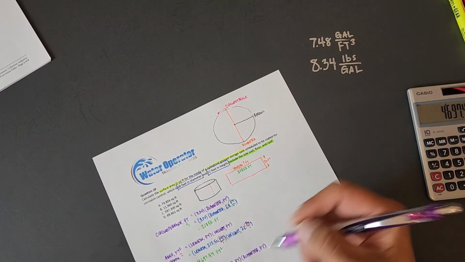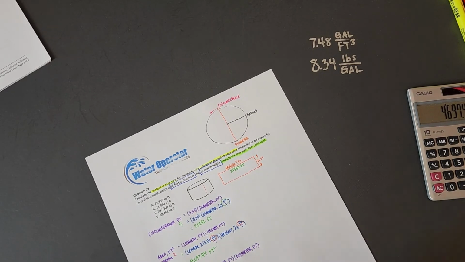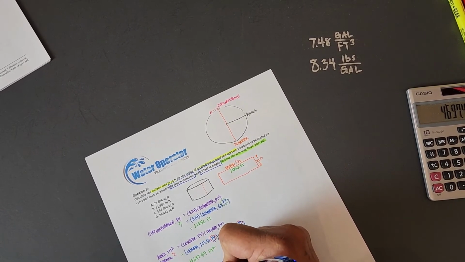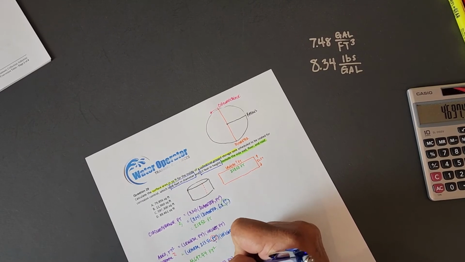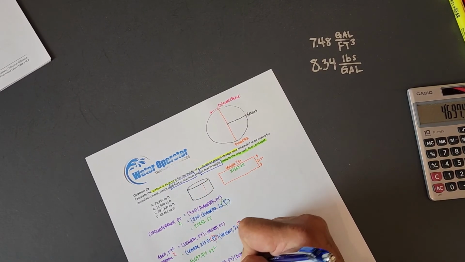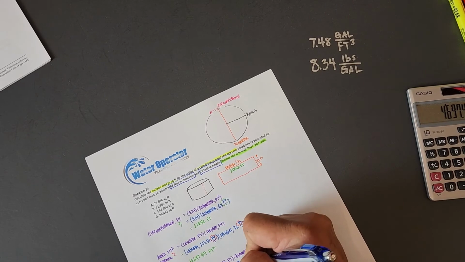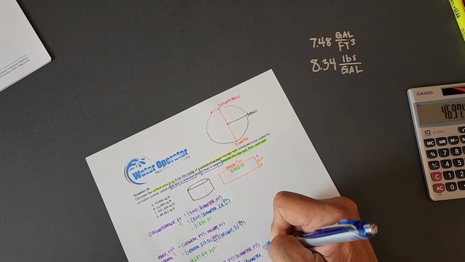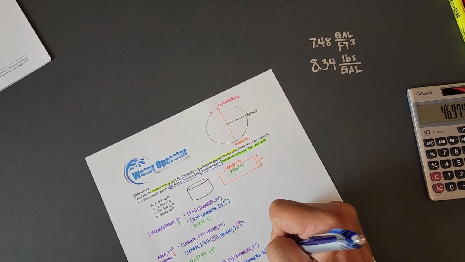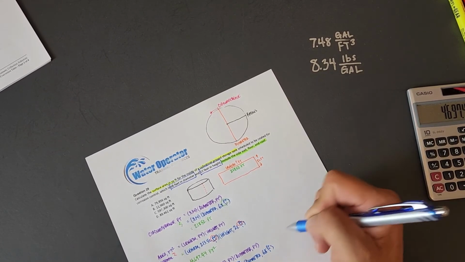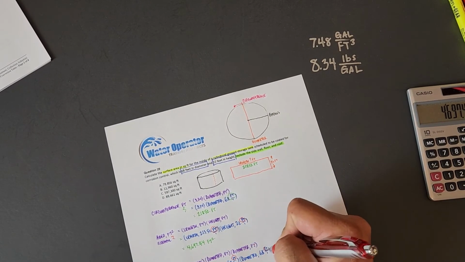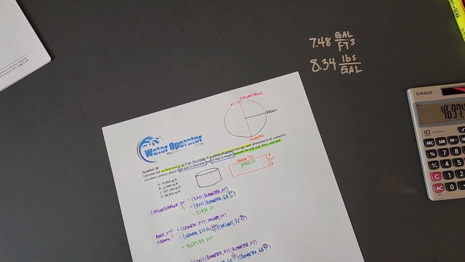Square feet, that's what I'm looking for, equals 0.785 times the diameter, which is 68 feet over 1, multiply that by the diameter again, 68 feet over 1. I have feet times feet, square feet is what I'm looking for.